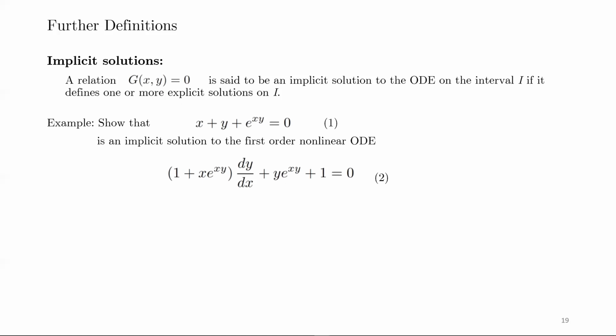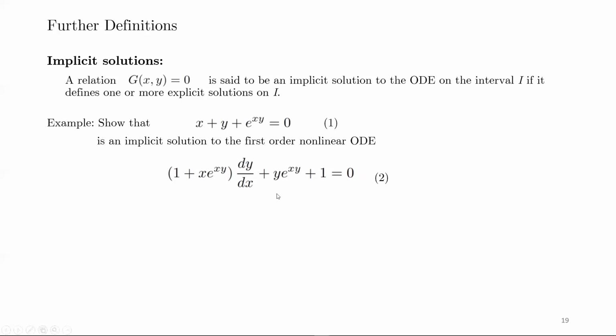So we're asked to show that x plus y plus e to the xy equals 0 is an implicit solution for the first order nonlinear ODE given here. There's a few things I'd really like to point out here. So this is a first order nonlinear ODE. Now if you recall, why is this a nonlinear ODE?